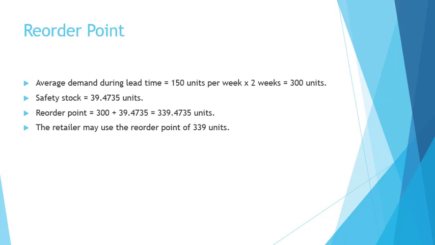The safety stock has been determined equal to 39 units. Then the reorder point will be 300 plus 39, which is equal to 339 units. Consequently, the retailer may use a reorder point of 339 units.